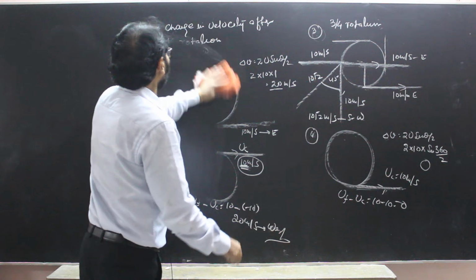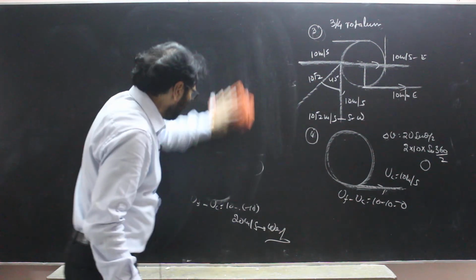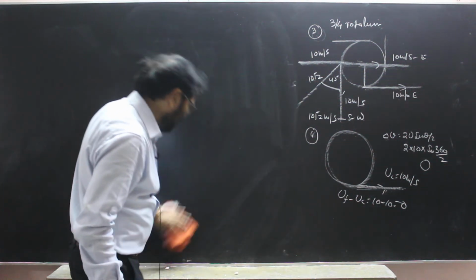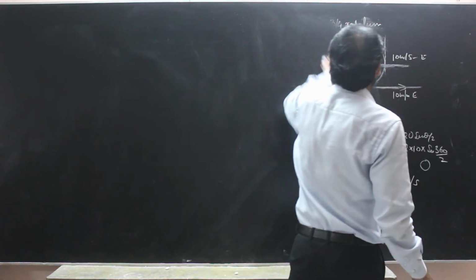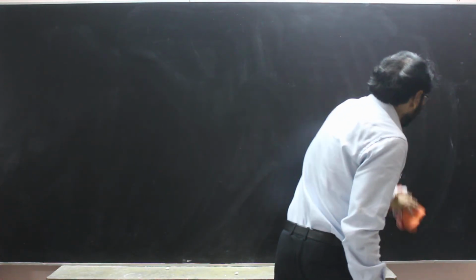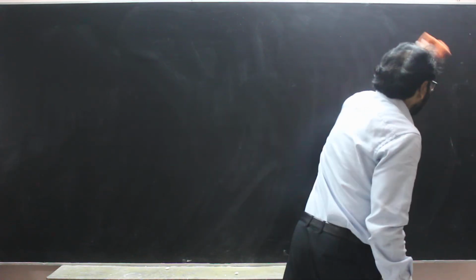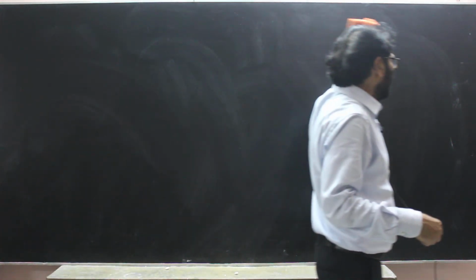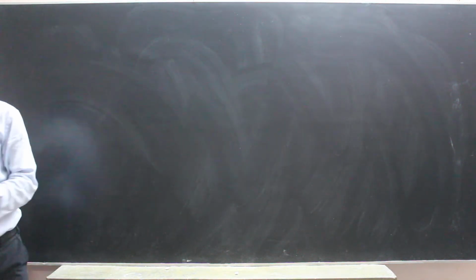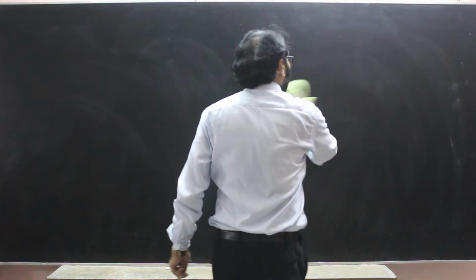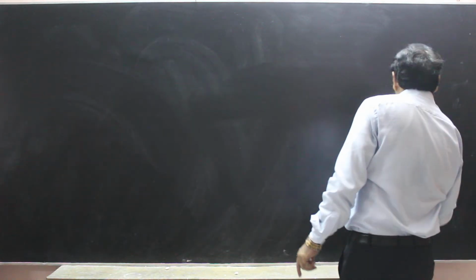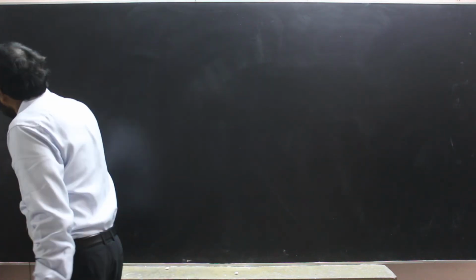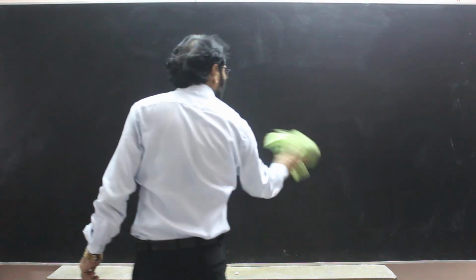For example, if a truck is moving with a velocity of 10 meter per second towards east, after 10 seconds it changes its velocity and is moving with 10 meter per second towards north, what is the magnitude and direction of acceleration of the truck?